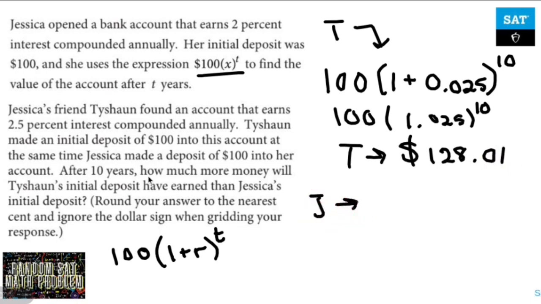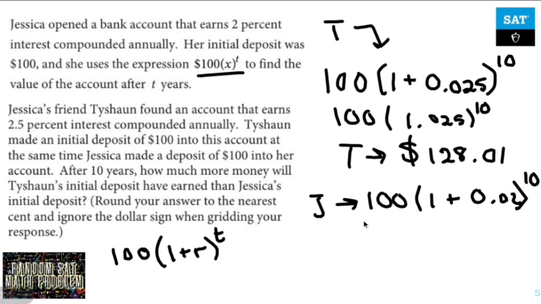Jessica's formula is going to be very similar, but Jessica was 2% compounded annually. So hers is going to be 100 times 1 plus 2%, which is the decimal 0.02, all of that to the 10th power.